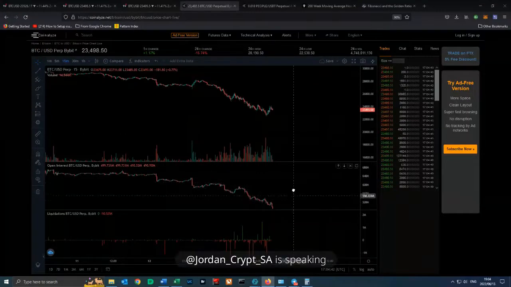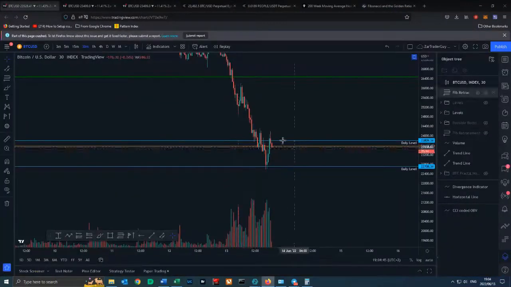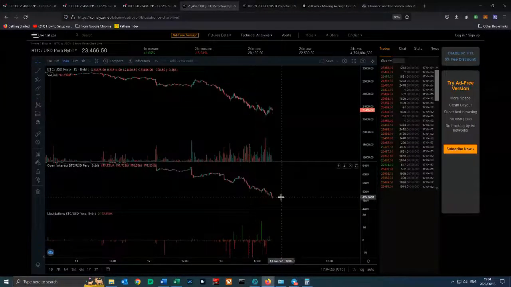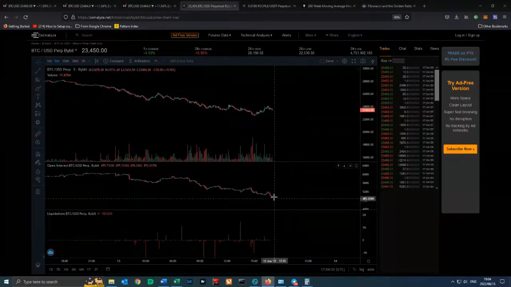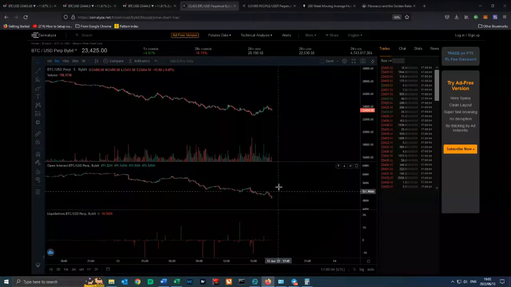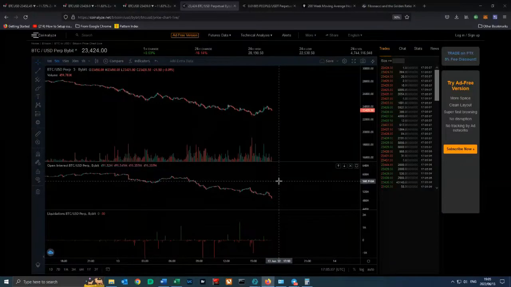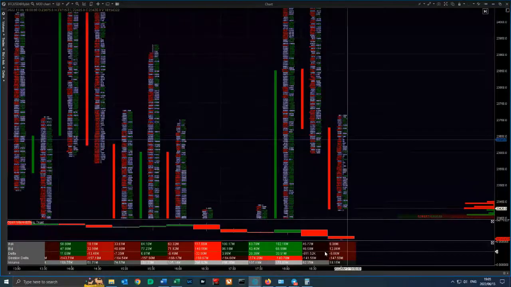So what I would look for here is comparing it with my levels. Maybe if it comes down to this $22,700 area, I swap over to my Coinalyze chart, look on a 5-minute. I sometimes even drill down to a 1 minute, and I would look for a quick change in open interest here. So as we get a green little candle up here, I will go and look at the order flow. What's the delta doing? Okay, it's still in negative delta.